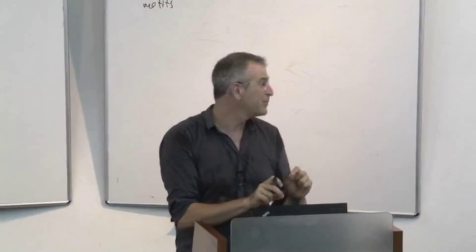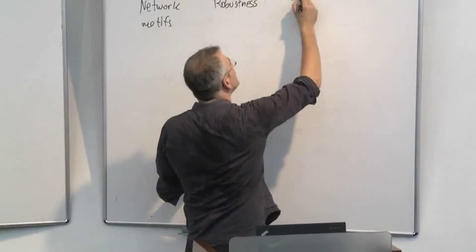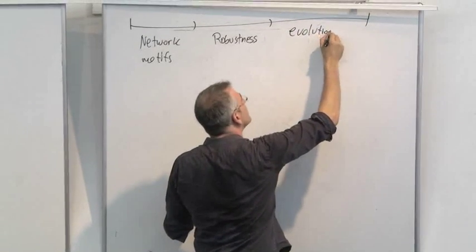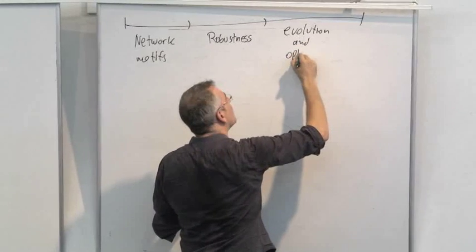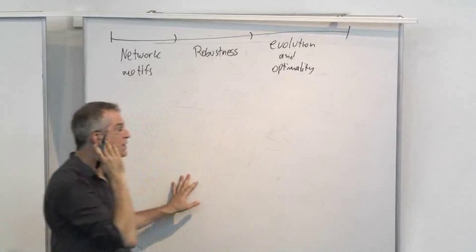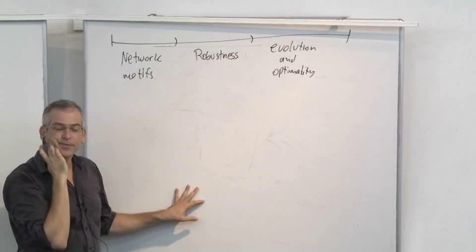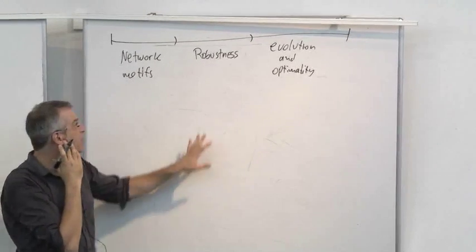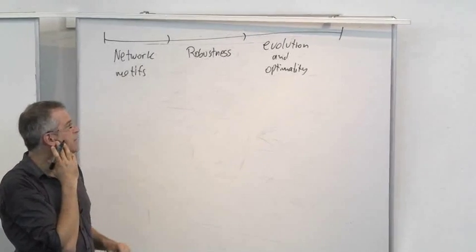And then we talked about evolution and optimality, how natural selection can come up with all these mechanisms.